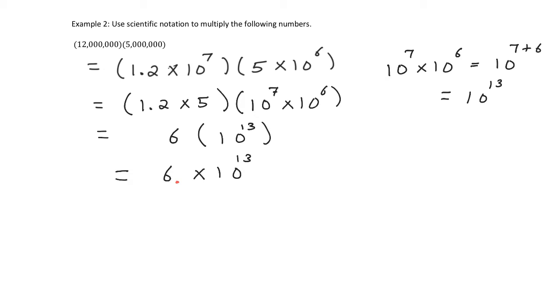That would take a while to write out, and it's much shorter and quicker to write it this way. Maybe the last thing to check would be, I'm saying my value for a is 6. That's clearly between 1 and 10, so that works there. And this is the answer to the problem by multiplying these two numbers together.